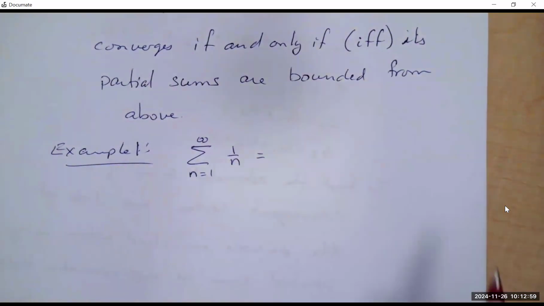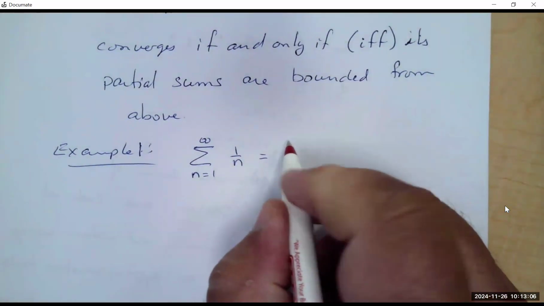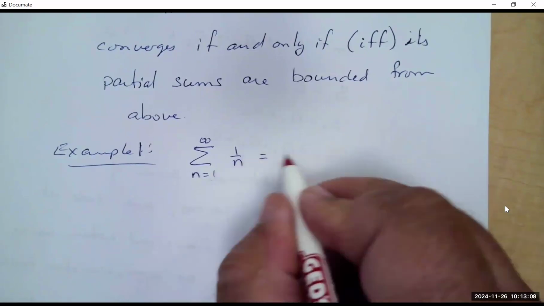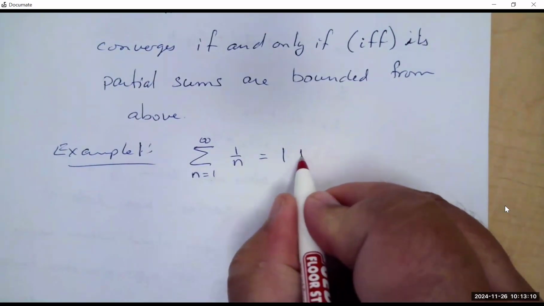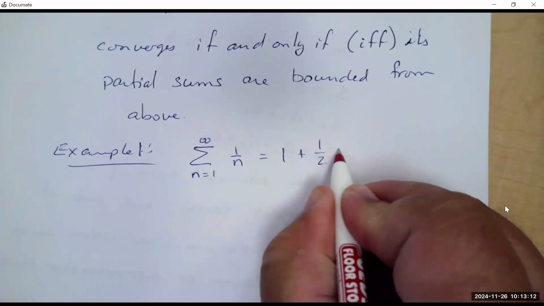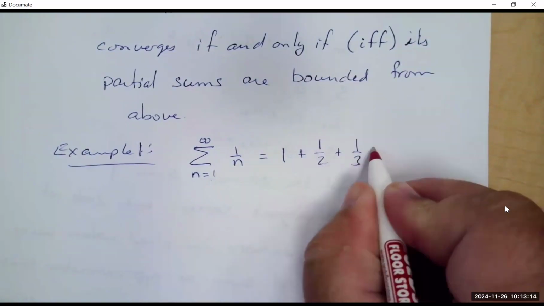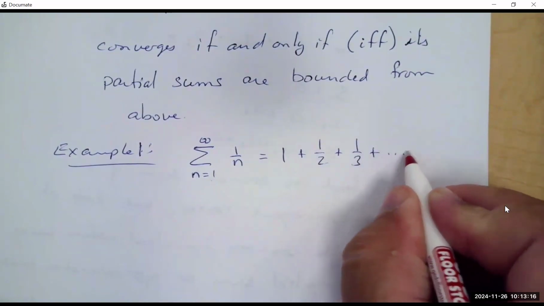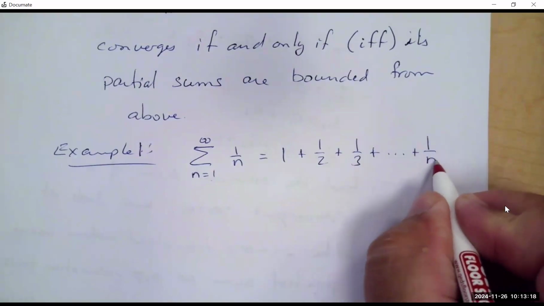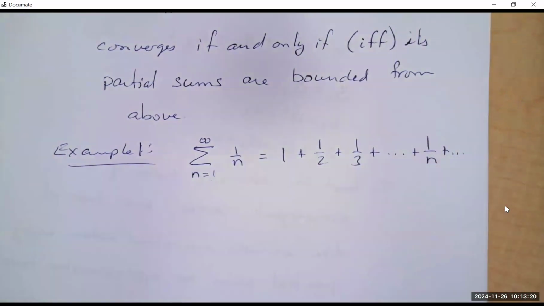If we were to write the first terms, what would that look like? First, when n is 1, it's 1 over 1, which is 1. Then 1 over 2, then 1 over 3, 1 over 4, dot, dot, dot, to 1 over n, and keep on going.